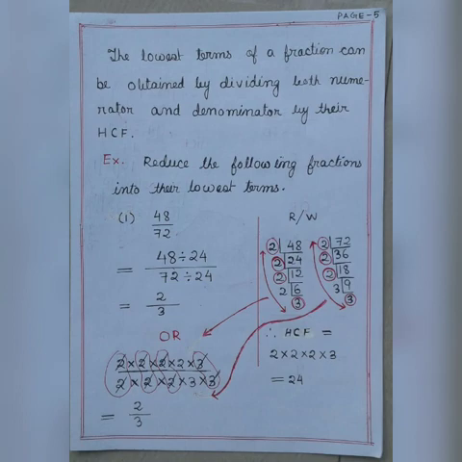Now you can cancel out the common factors of numerator and denominator. So you can see after cancellation I am left out with 2 as numerator and 3 as denominator. So you have to write the left out factors and you get the reduced form of the fraction.